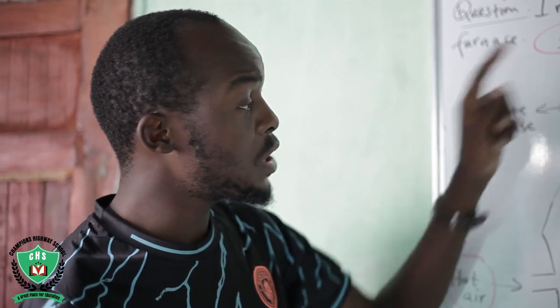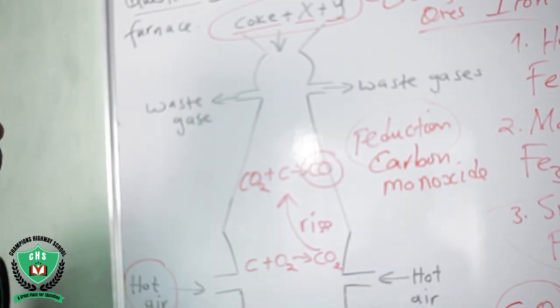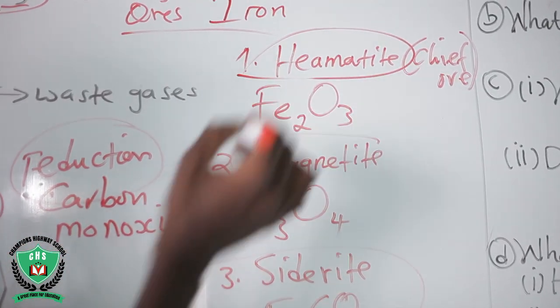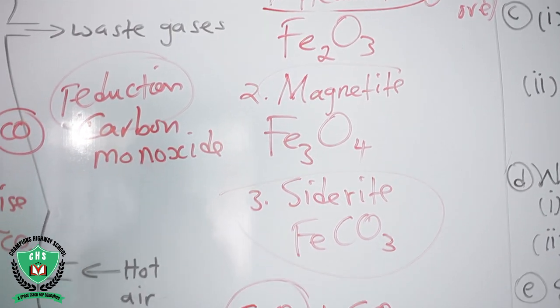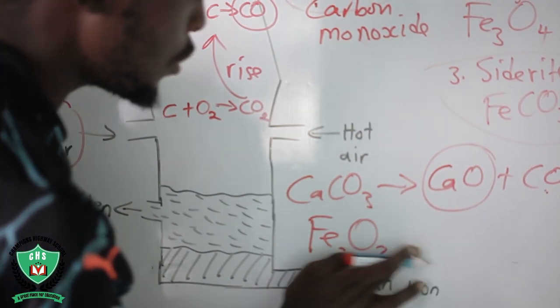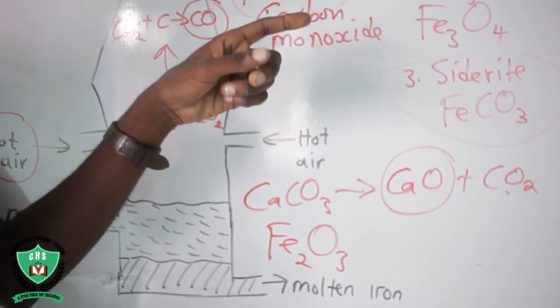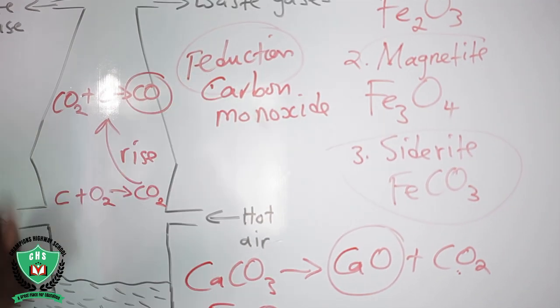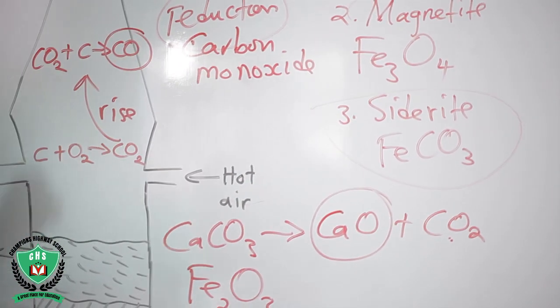So let's focus on the hematite now. If we get the iron ore and put it in the furnace, we said that iron is extracted by reduction in the blast furnace, and the reducing agent there is carbon monoxide.